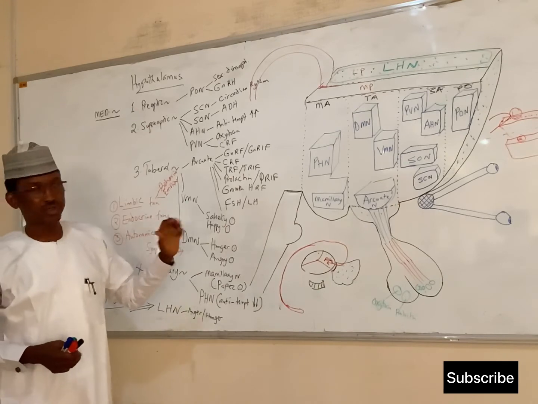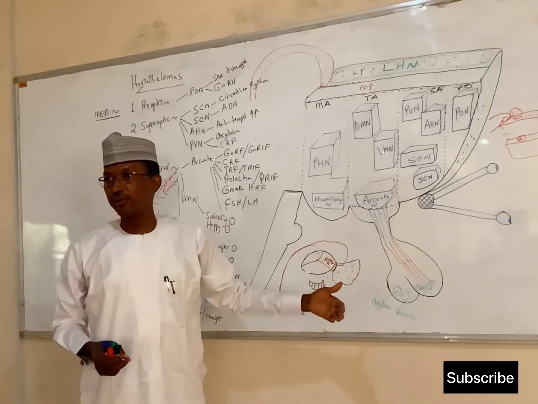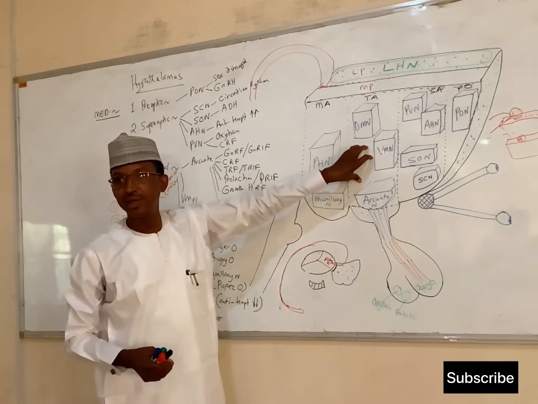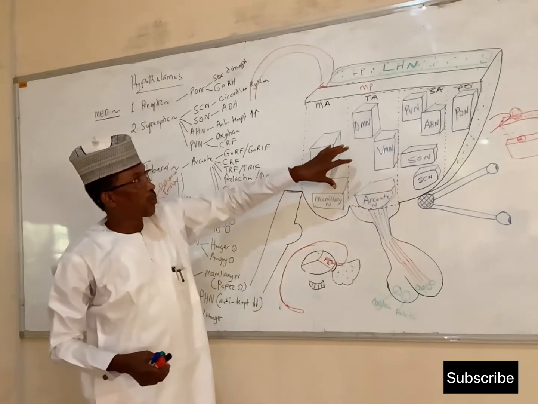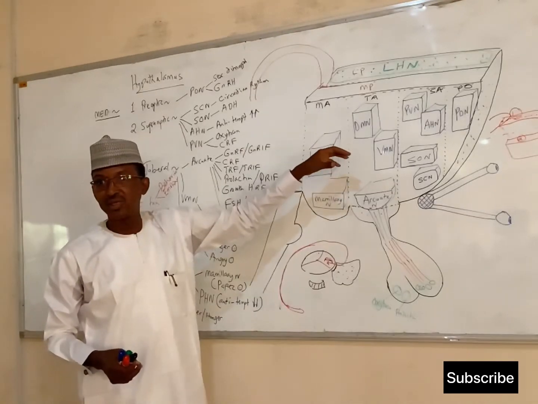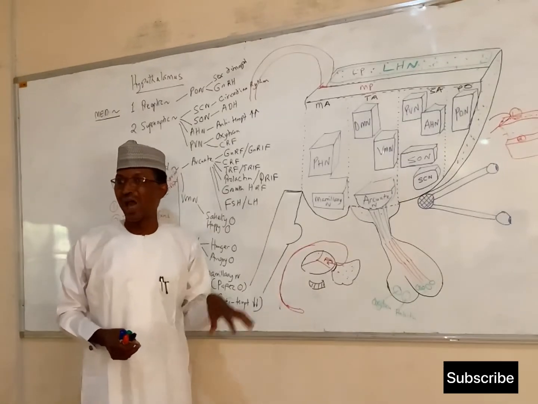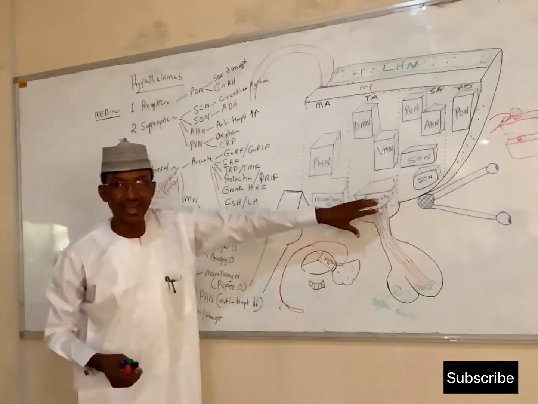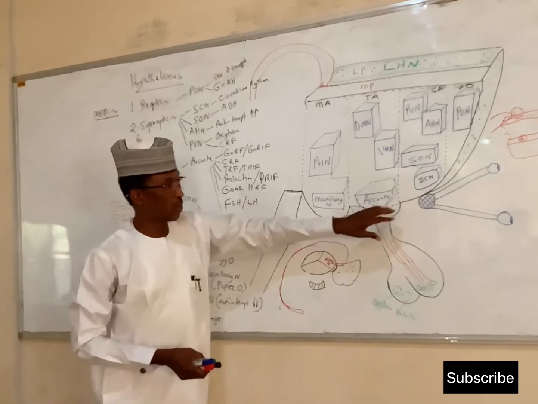First and foremost, let us begin with the medial part of the hypothalamus, where I said that we have about 10 nuclei. So these nuclei of the hypothalamus on the medial surface, the way they are organized, they have been arranged based on 4 structures that are lying at the base of the brain.